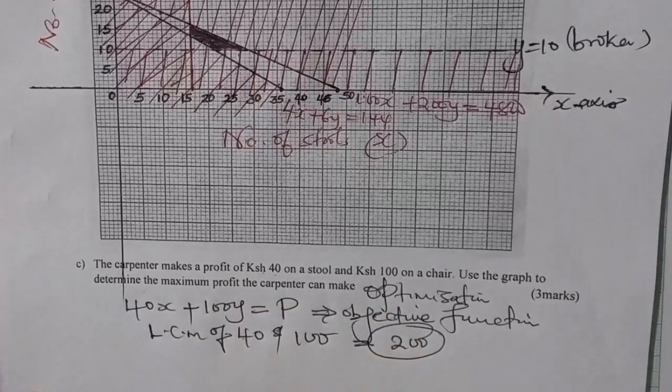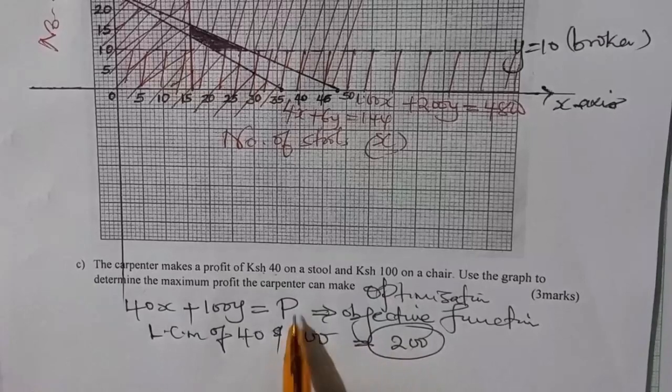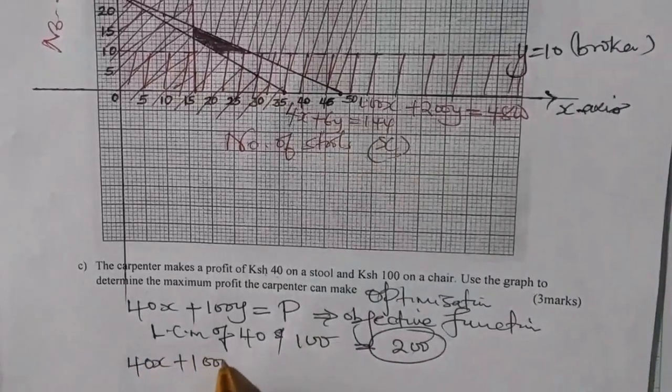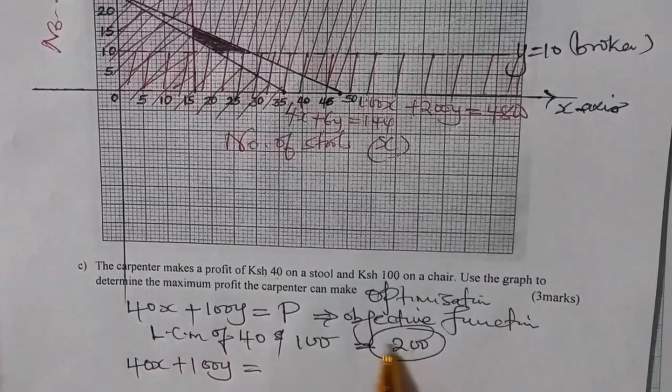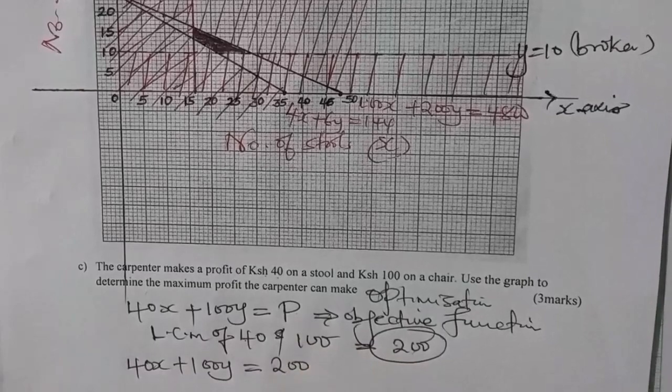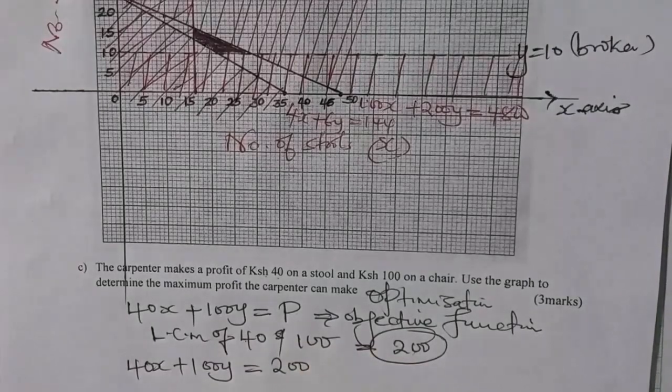Then you equate that to the profit. To draw the search line, you get 40x plus 100y equals P, the profit, which is 200, whatever you got as the LCM. Then you can simplify this equation to draw the line.